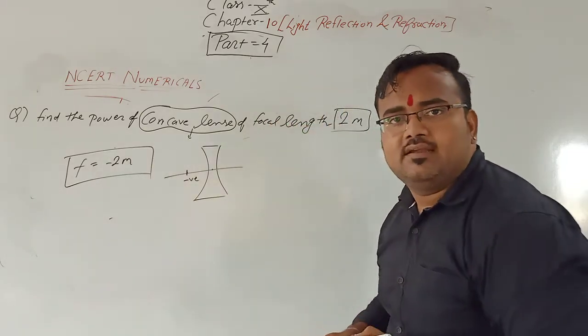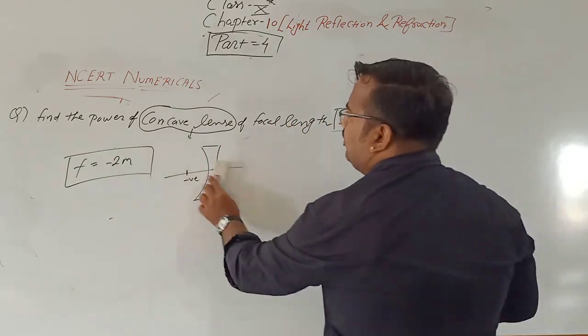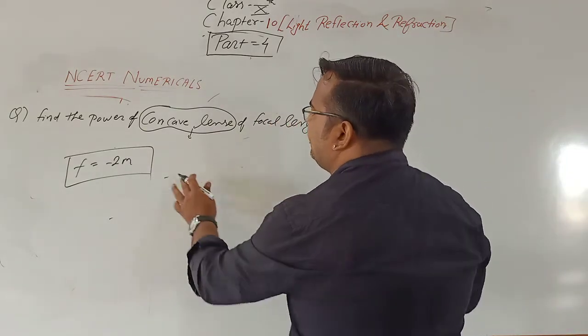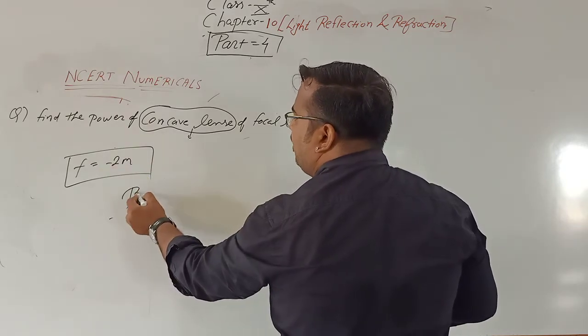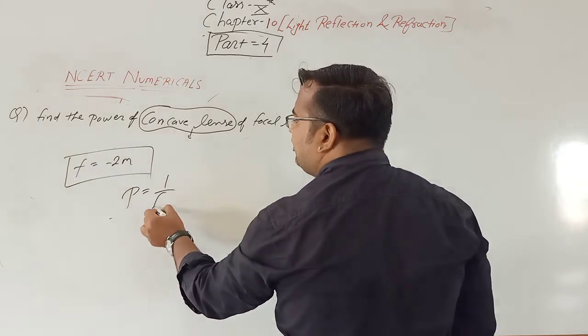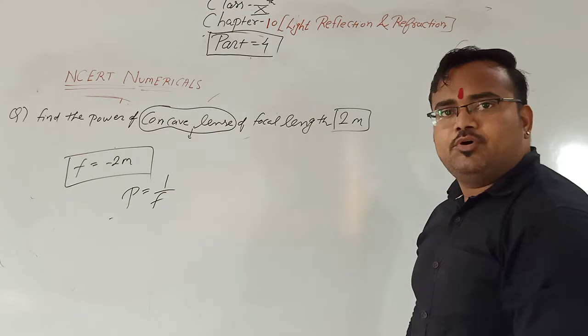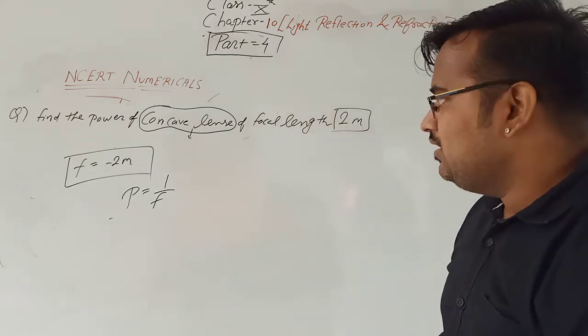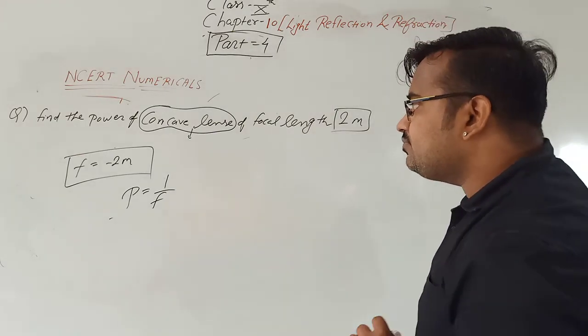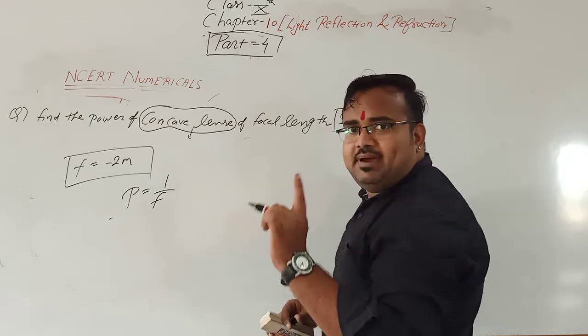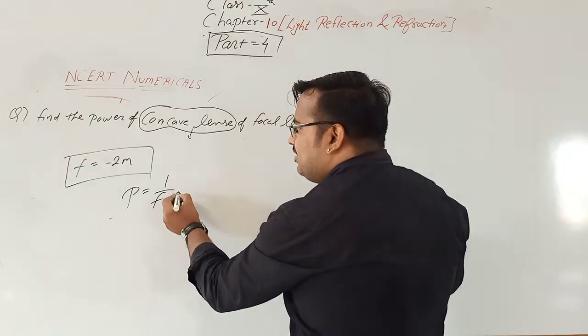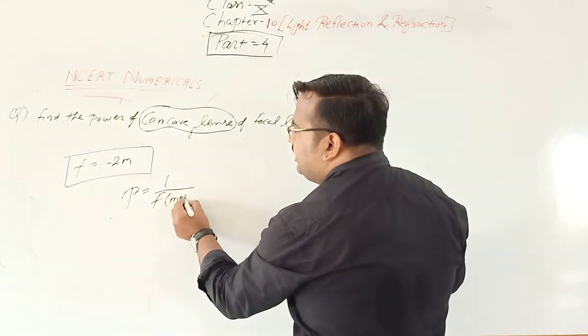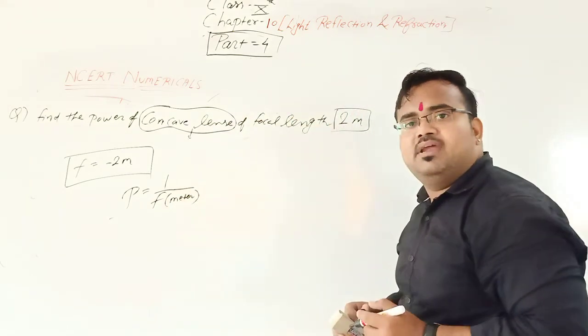2 meter. Clear? Now find the power of the lens. The formula of power is 1 upon focal length. Always keep in mind, whenever you are finding the power, the focal length should be in meter only.